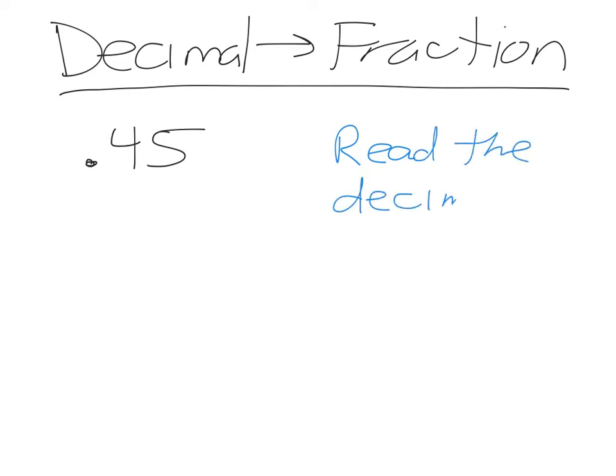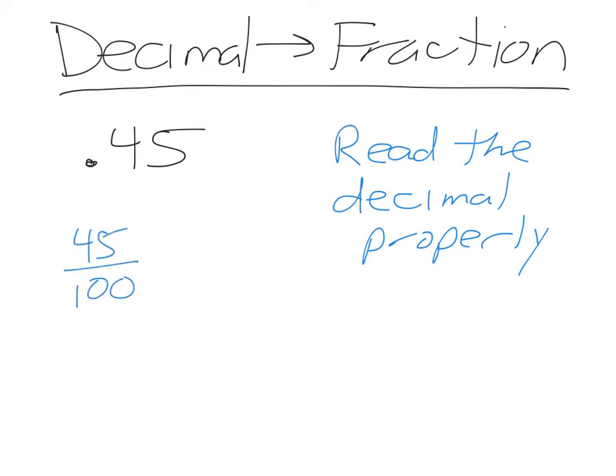Because when you read 0.45 properly, it's going to sound just like a fraction. 0.45 is actually 45 hundredths. So if you read it properly, it actually sounds like a fraction.